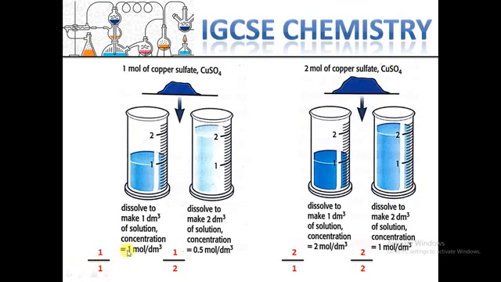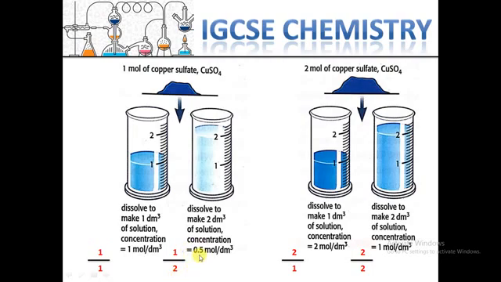The answer is 1 mole per cubic decimeter. If you use the same mole of copper sulfate as solute, and it is dissolved in 2 cubic decimeters, the volume is higher, so your concentration would be half. 1 divided by 2 is half.